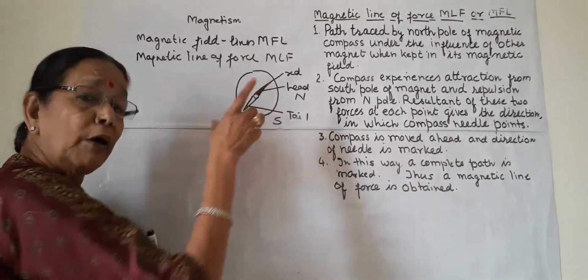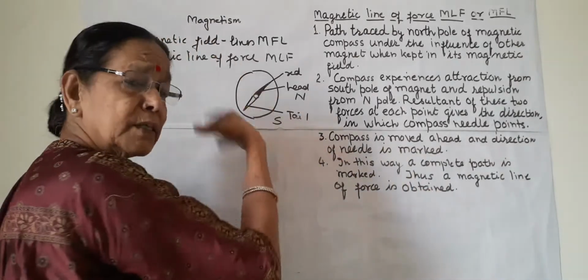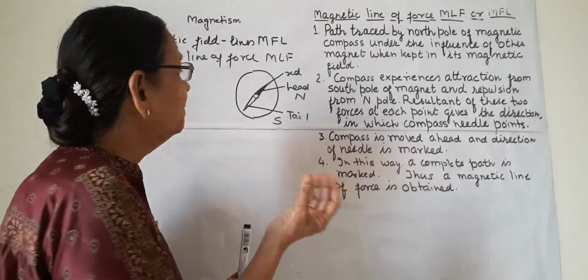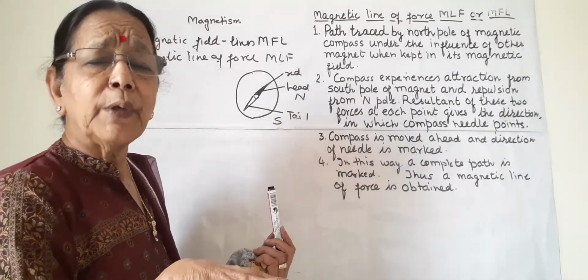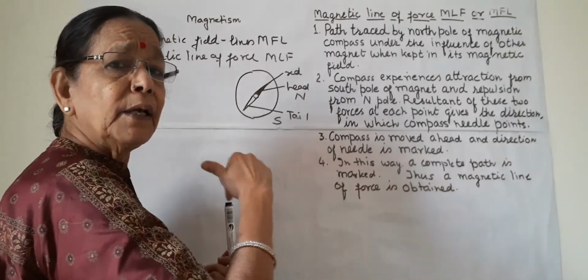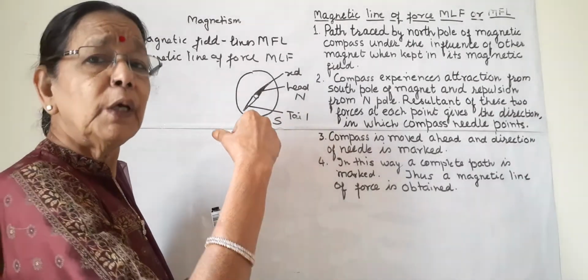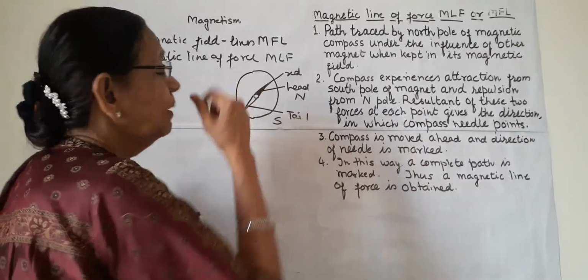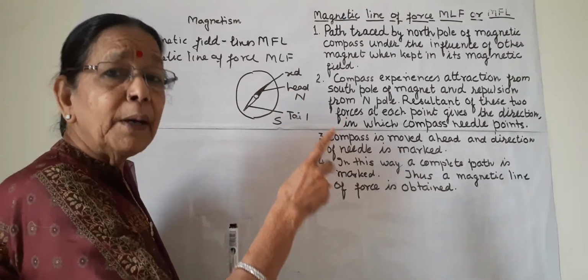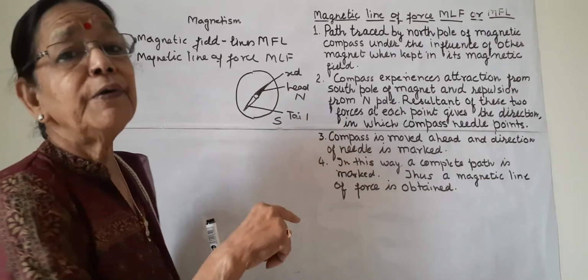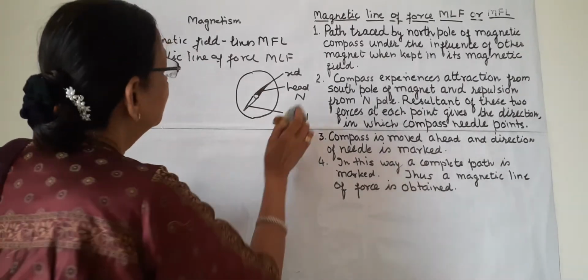If we put this compass, known as a magnetic compass or plotting compass, like this and there is no other magnet around it, then it shows the north-south direction of the Earth. So this is the magnetic compass, and it is used to plot the magnetic lines of some other magnet.